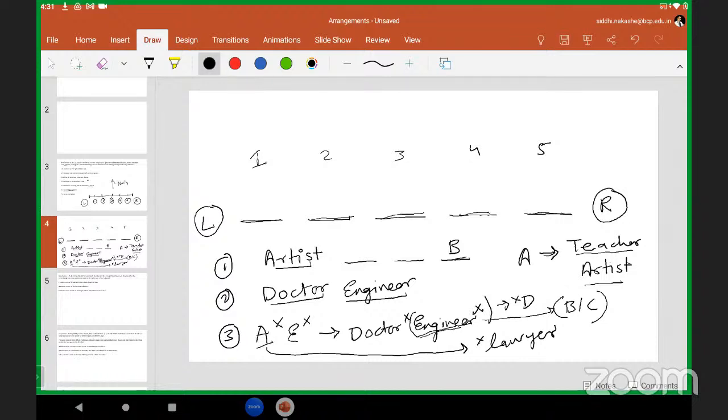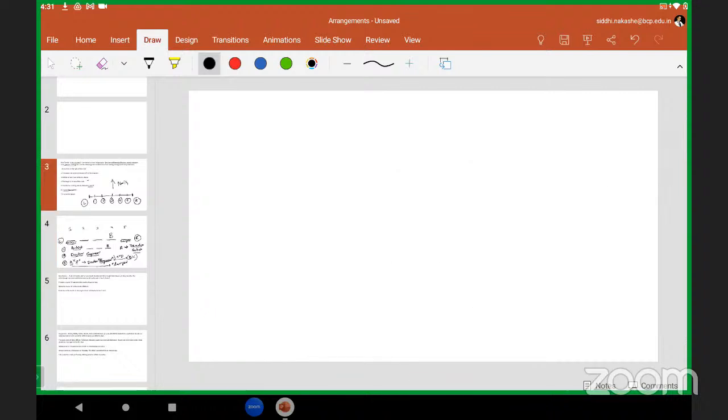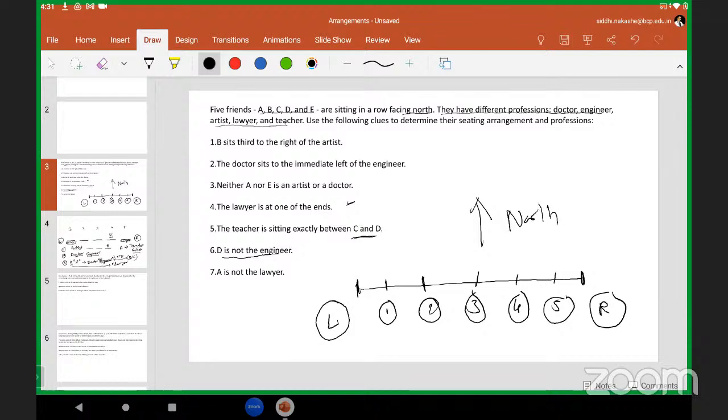So if he is sitting at the end, let's suppose the lawyer is sitting at the end, so we can assume this to be B and this to be artist. Okay, so now if artist is A, let's say, now B has to be someone and the lawyer will be here again. So D is not the engineer.